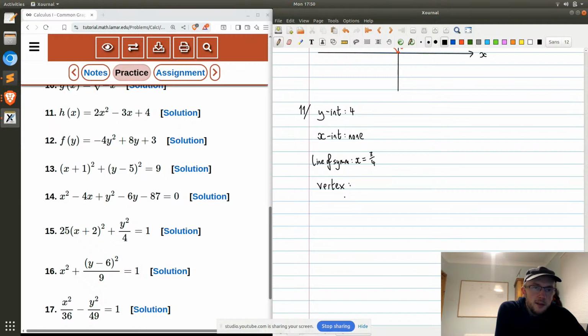So 9/8. 9 over 8 take 9 over 4 is the same as 9 over 8 take 18 over 8. 9 over 8 take 18 over 8 is negative 9 over 8. 4 take 9 over 8 is 3 and 7 over 8. 3 and 7 over 8 is 31 over 8.